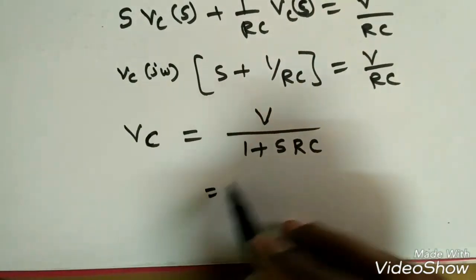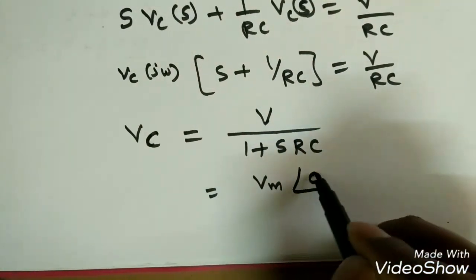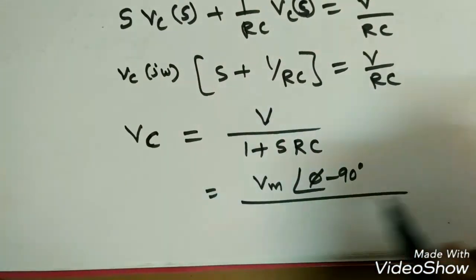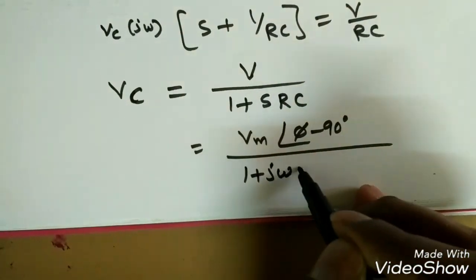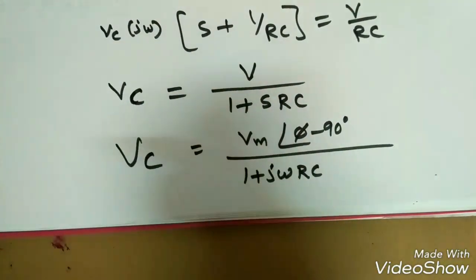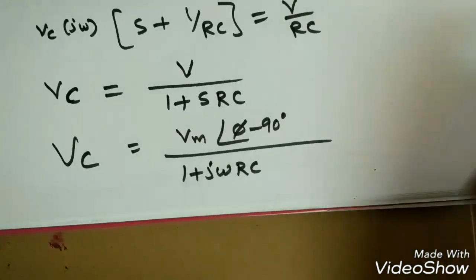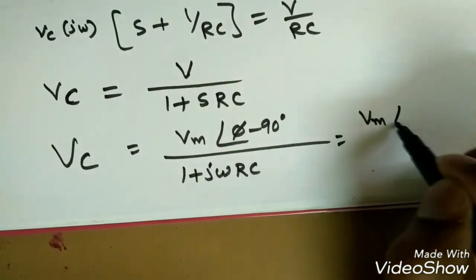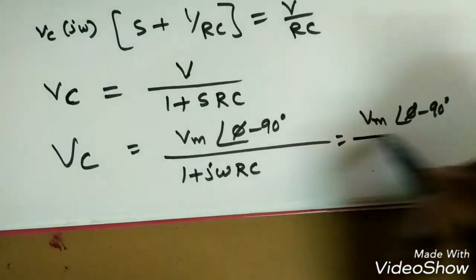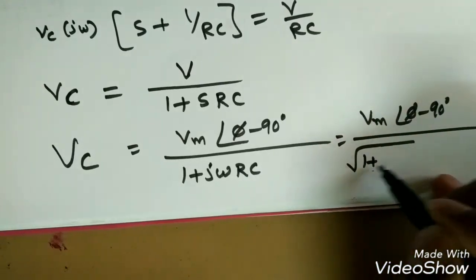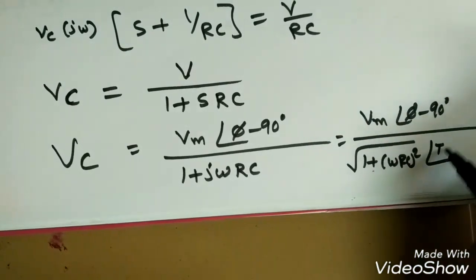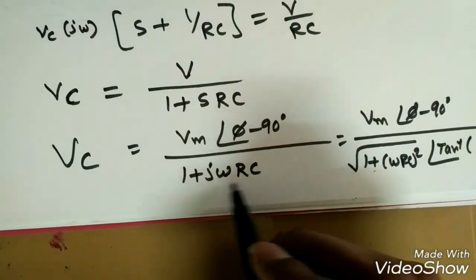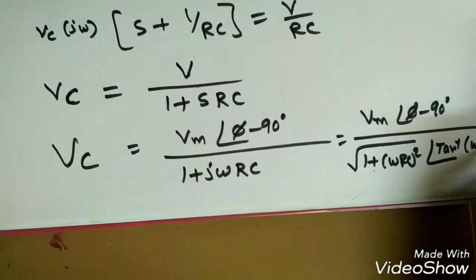So in phasor domain, what is V? Vm angle pi minus 90 degrees by 1 plus j omega RC. So this is VC. Now how to find this one? Vm angle pi minus 90 degrees by square root of 1 plus omega RC square, angle tan inverse, imaginary part by real part, so omega RC.